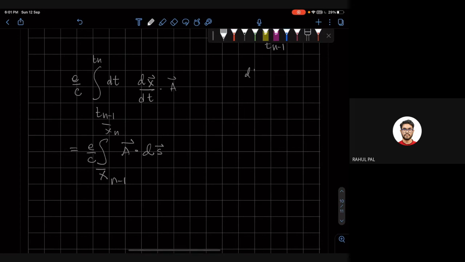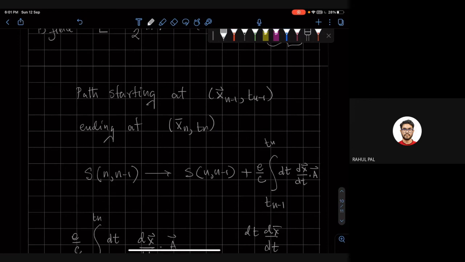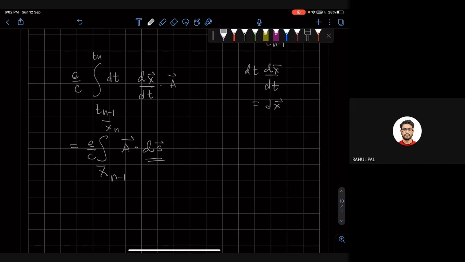Because dt times dx by dt is nothing but dx. And here the integral is taken along the path that connects this point to this point. Okay, so this is the correction to the action as we turn on the electromagnetic field.